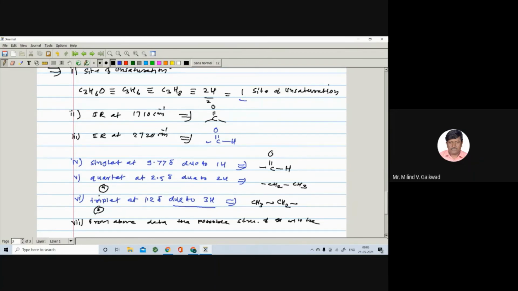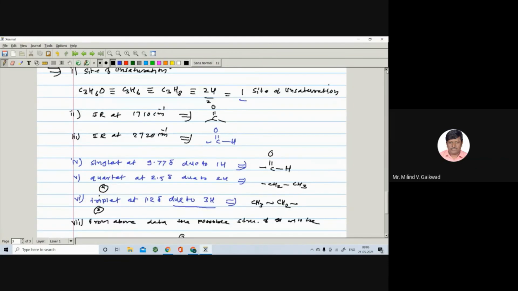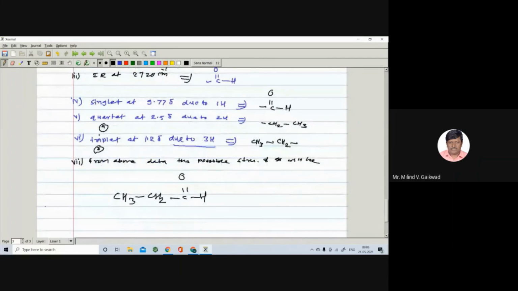We can join the fragments. Of course it contains CH3, it contains CH2, and of course it contains aldehyde, that means C=O and H. You have to check the molecular formula. The molecular formula is C3H6O. So there are 3 carbons, 1, 2, 3, 6 hydrogen, 3 plus 2 is 5 plus 1, and oxygen 1. It has the one site of unsaturation. So this is the correct structure.